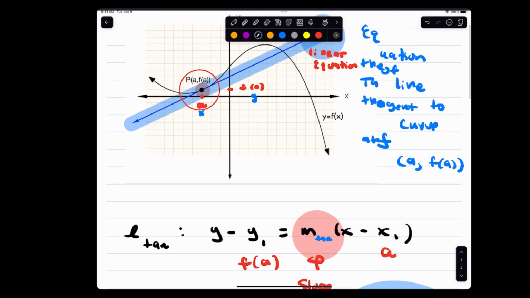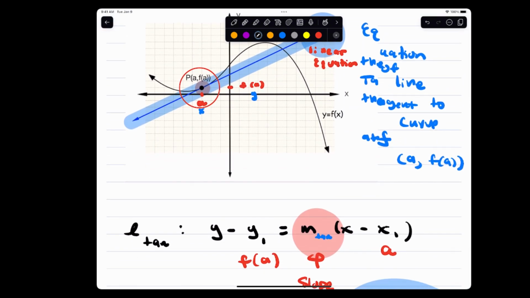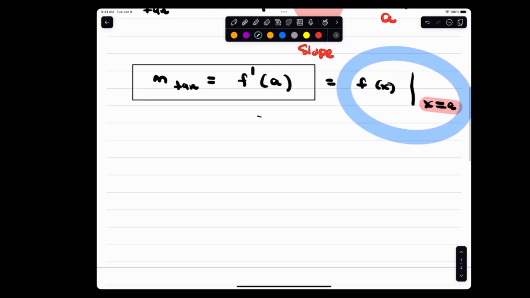So, all right, let me see if I can dig out some examples of what I'm talking about. All right, so we're going to find the slope of the line tangent to the curve at a location. So, for example, they give you a nice curve, the square root of x over x plus 1.